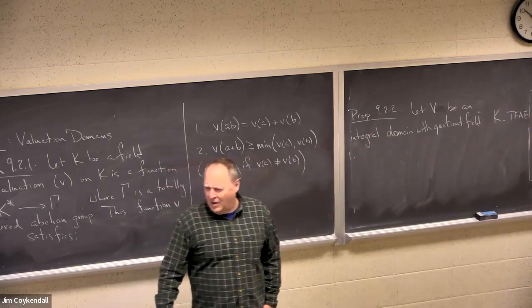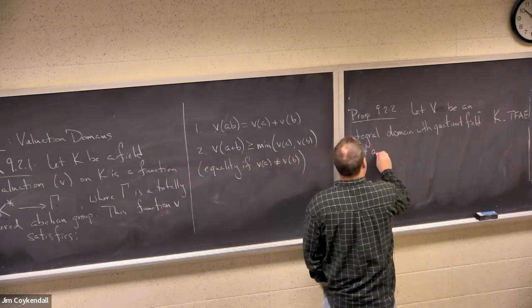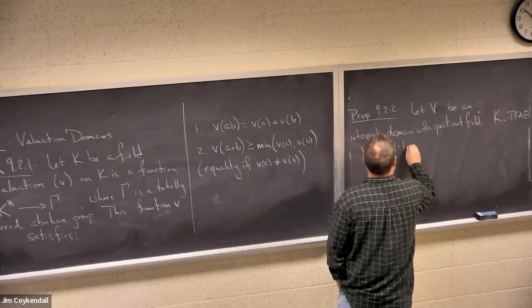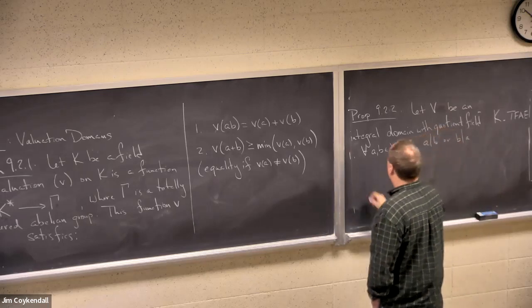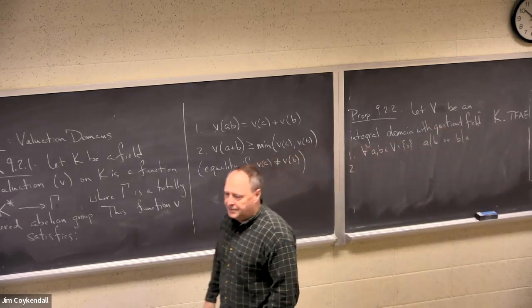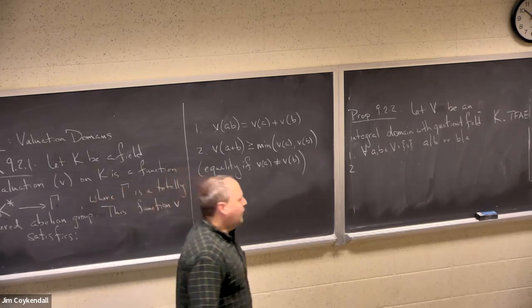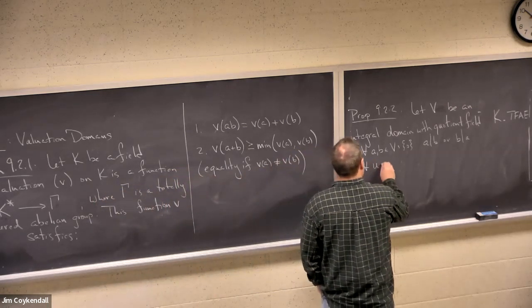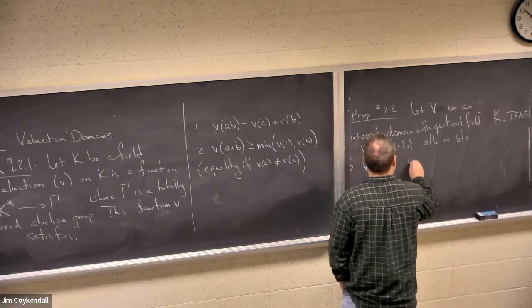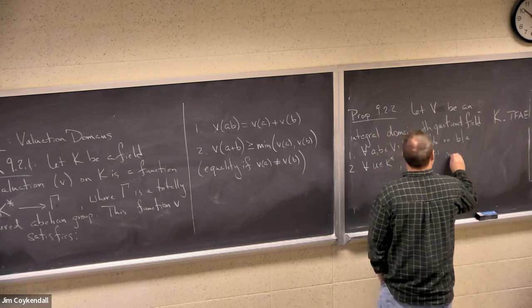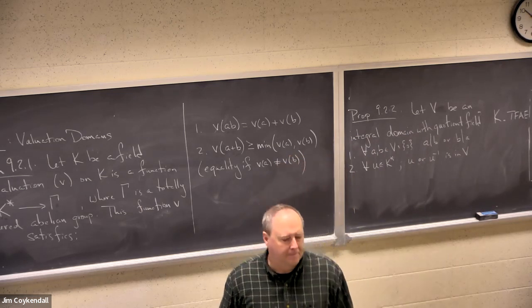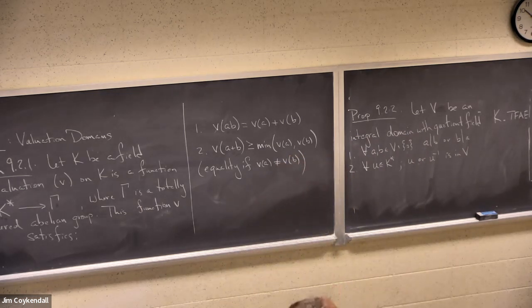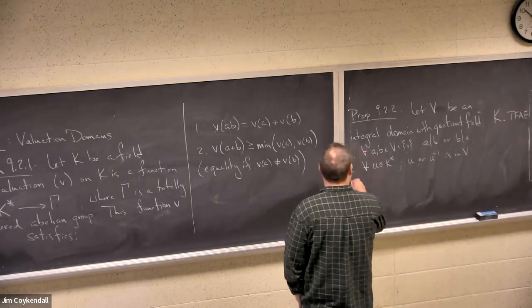Number one, for all pairs of non-zero elements of V, one divides the other. Number two, for all non-zero elements of K, either it is in V or its reciprocal is in V. That's kind of interesting, right? For every non-zero element in the quotient field, either that element is in V or its reciprocal is in V.